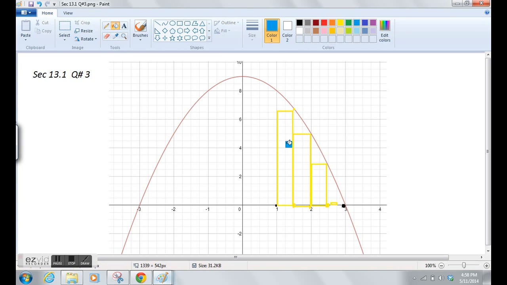I can't add the areas on this box because it'll just add the little rectangles. But the total area of boxes equals 7.25. So we're making little boxes and we're adding up the area.